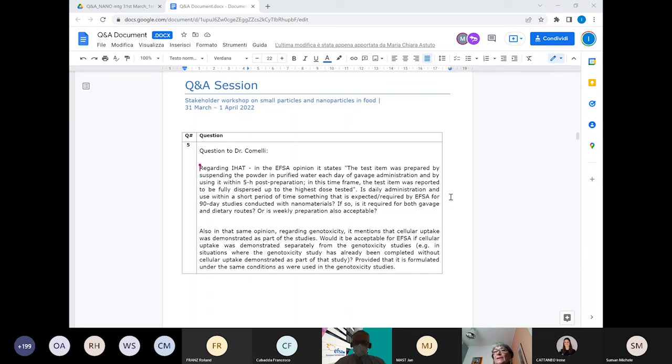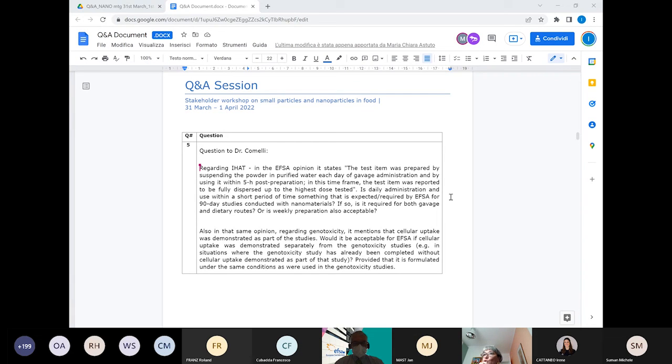This was a GARBAGE study, so with no interaction of the novel food with even the tubes, any part of the administration. So this was for GARBAGE. The mother solution was made weekly but freshly prepared every day.